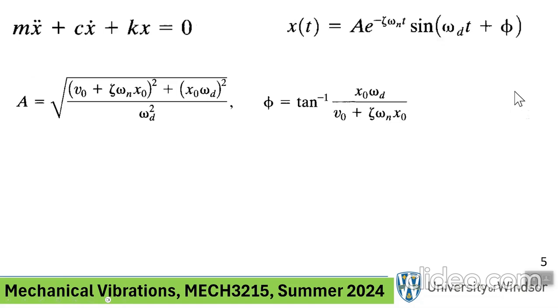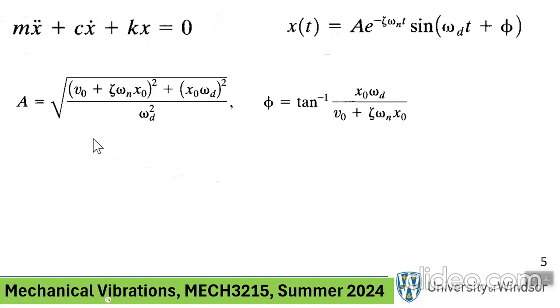We'll get these things. In order for me to convince you that this A is that expression and that phi is this expression, I'd have to spend about 10 to 15 minutes on what basically becomes a differential equations course, which I don't intend to do. If you have any issues with that, please review some of the stuff we did at the end of lecture 1, or grab a textbook on differential equations and look at the part where we solve the second order linear constant coefficient problem, which is this.